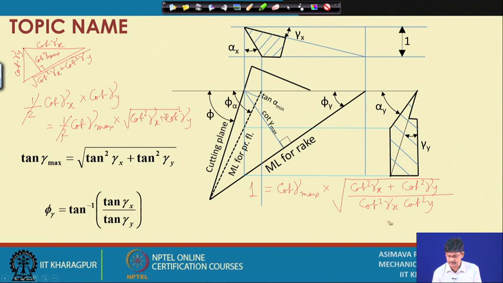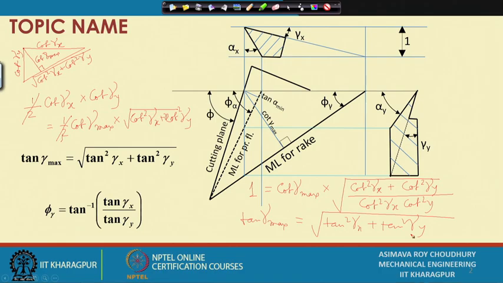What do we have from here? One cot square gamma x cancels out, so that this one can be transferred to the other side, so that we have tan gamma max equal to root over of, this one cancels out, the other remains, and we convert it to tan. So, tan square gamma x plus tan square gamma y, that is it. So, this way we get an expression of a maximum value of rake.